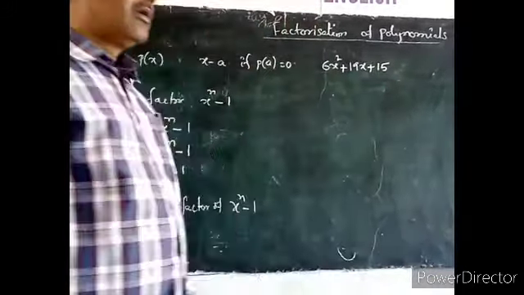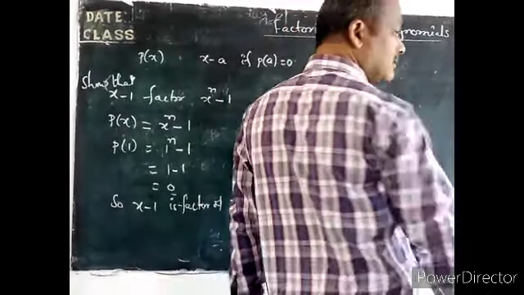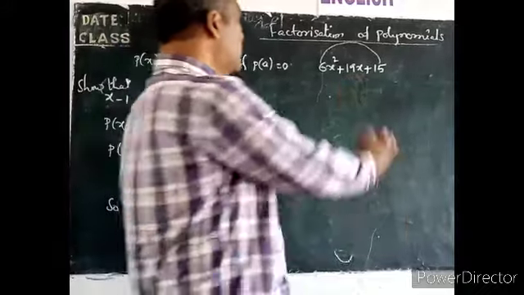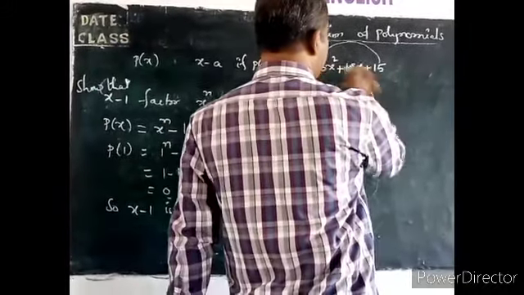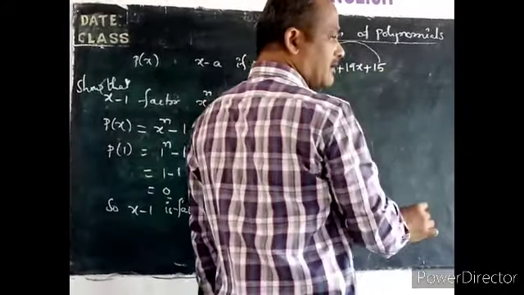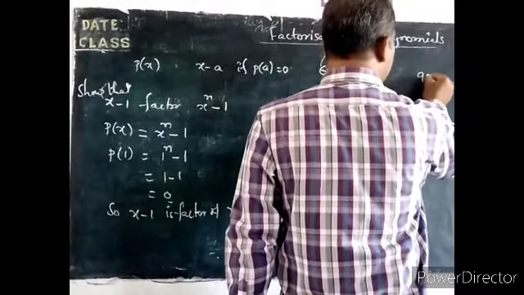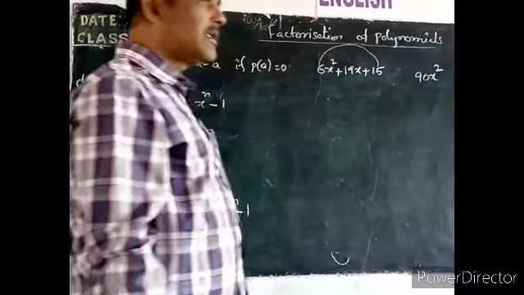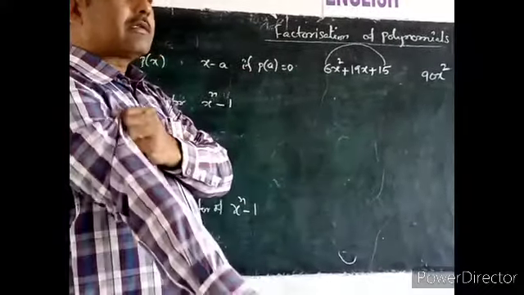We should multiply the first and last terms. What is the product of the first and last term here? 6x square into 15, that is 90x square.